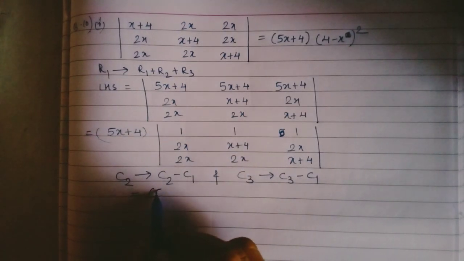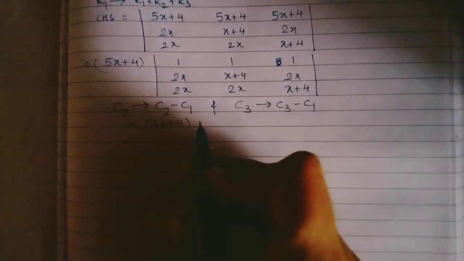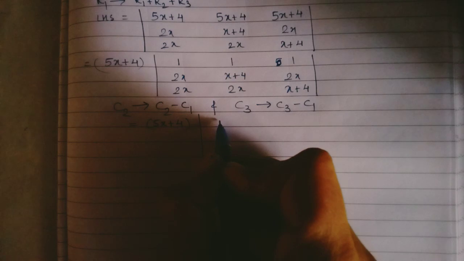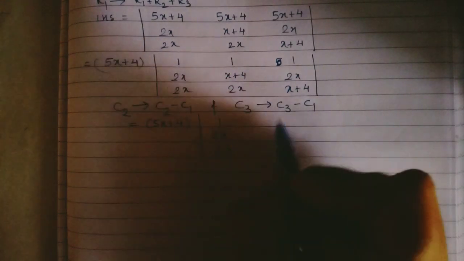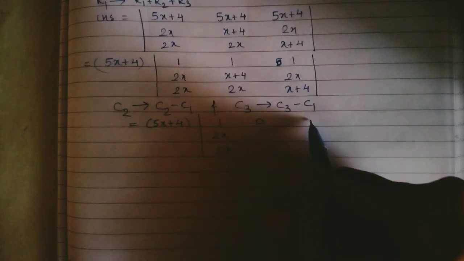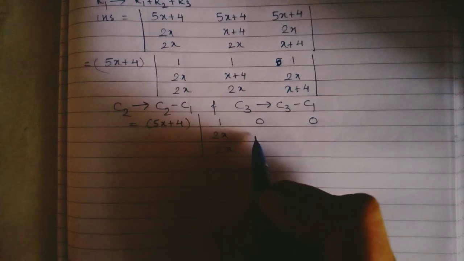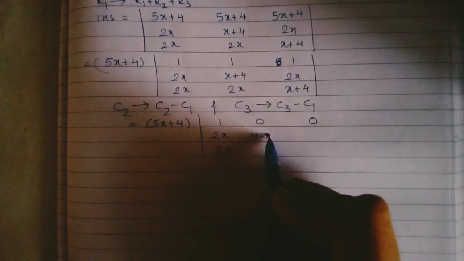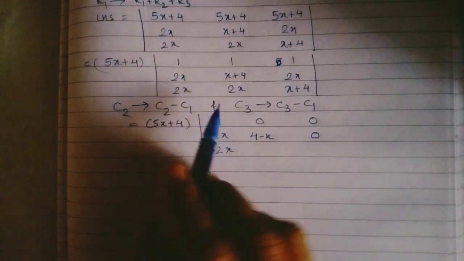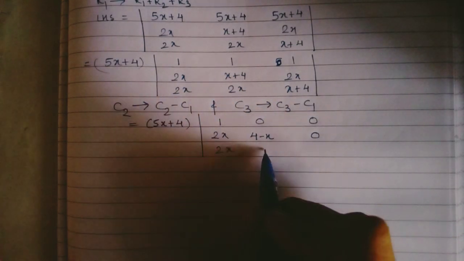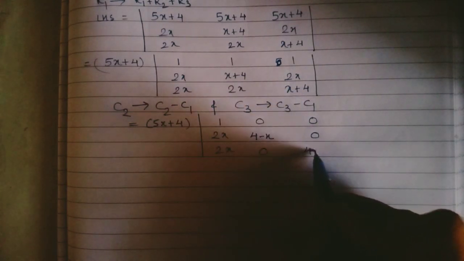So let's see what we get. C1 remains same, 1 minus 1 0, 1 minus 1 0, x plus 4 minus 2x, so it will be 4 minus x, then 2x minus 2x 0, 2x minus 2x 0, x plus 4 minus 2x 4 minus x.